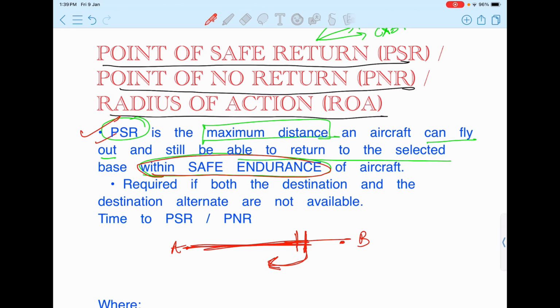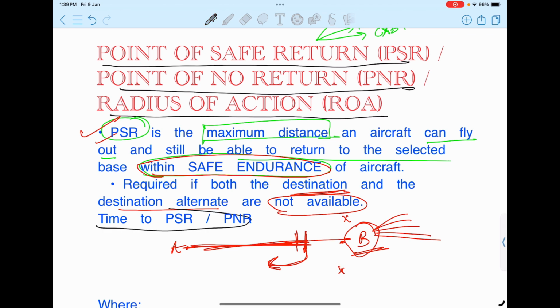It is required if both the destination and the destination alternate are not available. Like I told you, due to certain situations at B, maybe the aerodrome is closed, visibility is low, there is fog, thunderstorm, CB cloud, you are not able to land at B and the alternate aerodrome is also not available, we require a PNR.